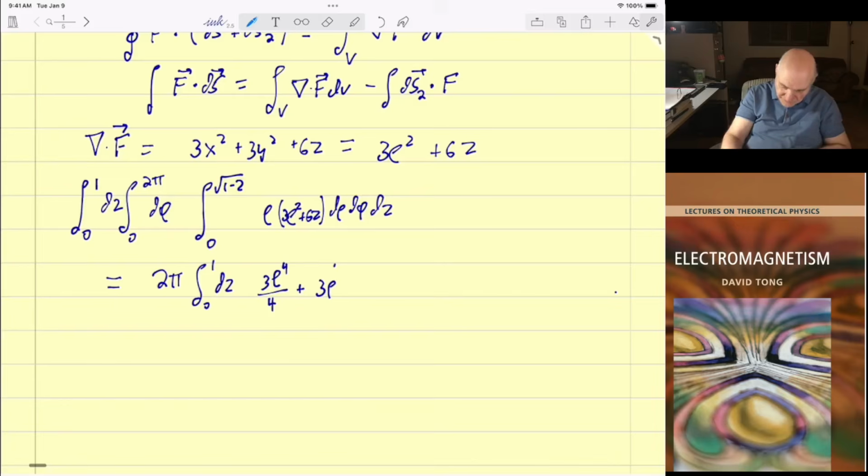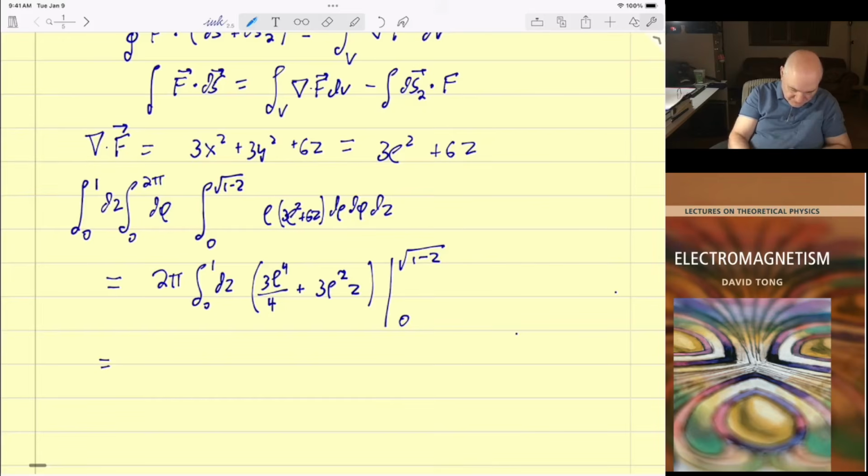Yeah, we're integrating with respect to rho, so 3 rho squared z. And both of these things are evaluated at the square root of 1 minus z on the upper limit and 0 on the lower limit.